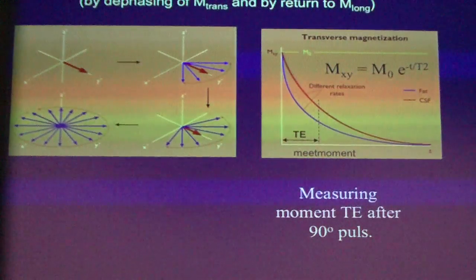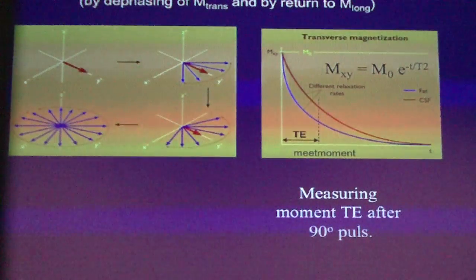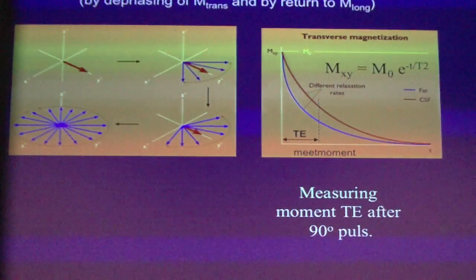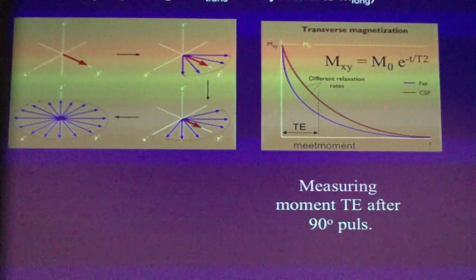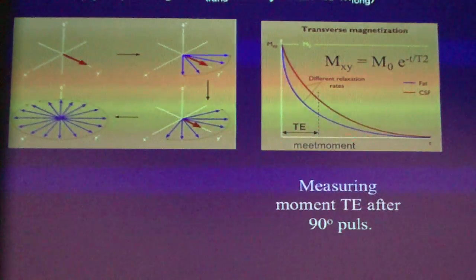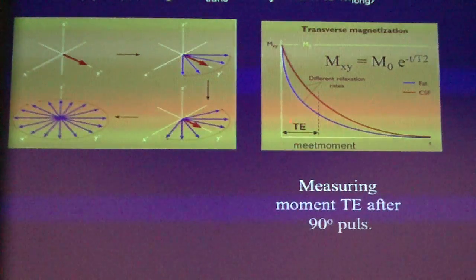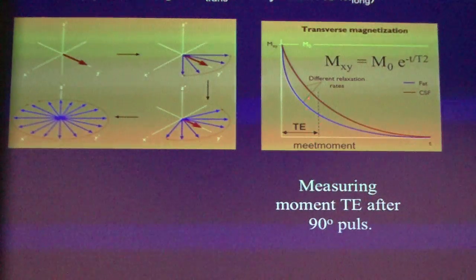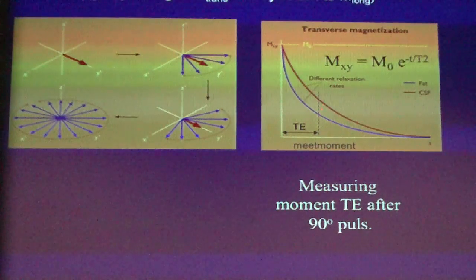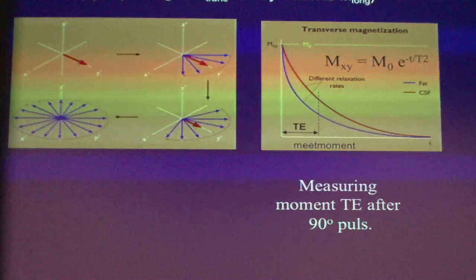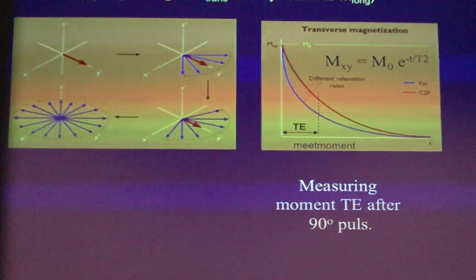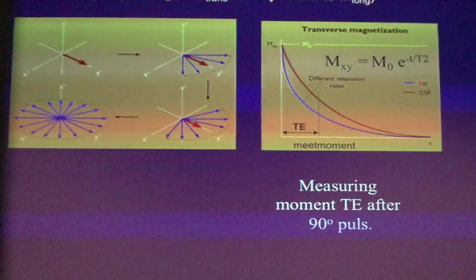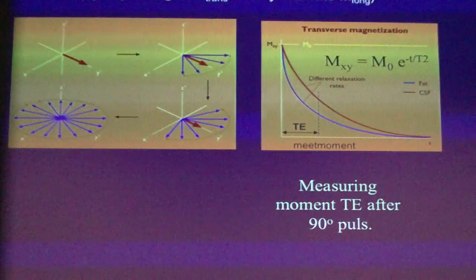It's going a bit too far to explain why this is called echo time, but we have a moment where we say, okay, now we want to know what the magnetization is. And we can choose this moment, this echo time, where these differences are biggest.